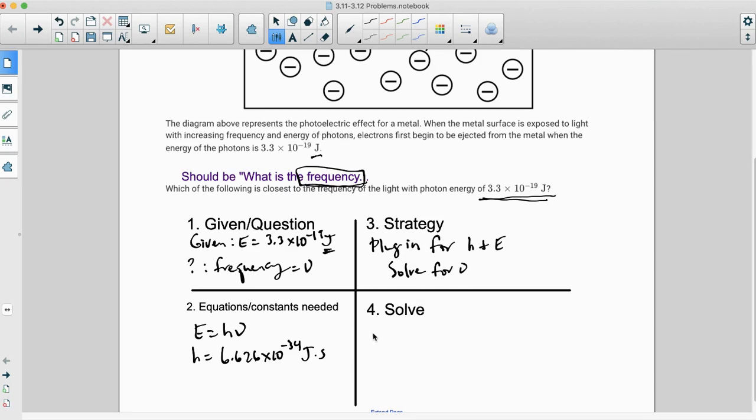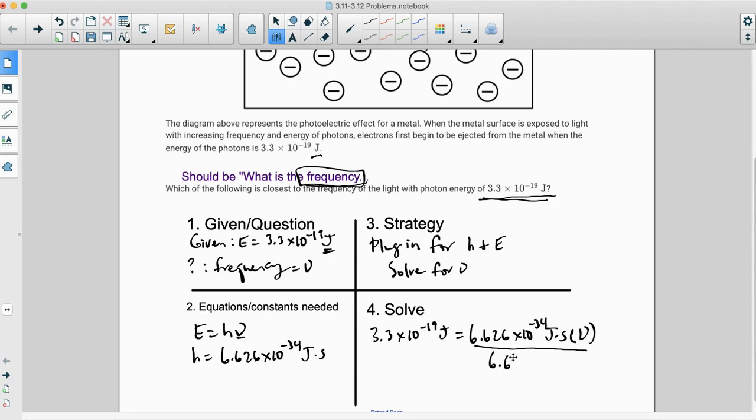So let me do that now into my equation. I'm going to plug in E here, 3.3 times 10 to the minus 19 joules equals, I'm going to plug in h in there, 6.626 times 10 to the minus 34 joules times seconds. And my unknown is my nu, so I'll leave that alone. And I'm going to solve for nu.